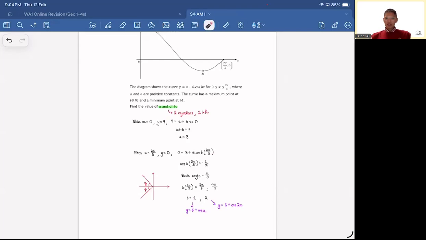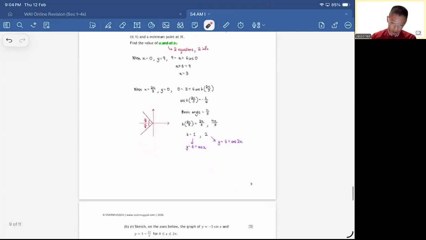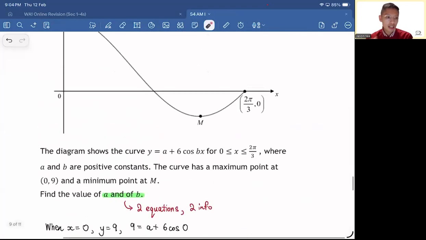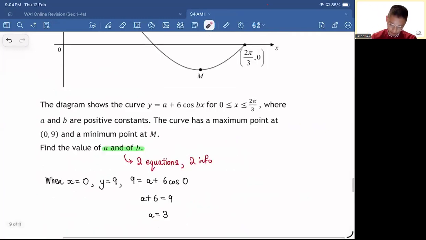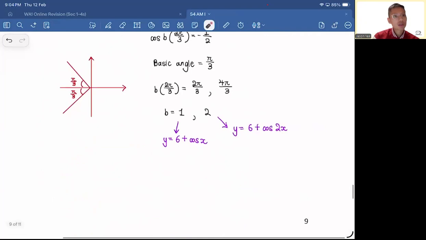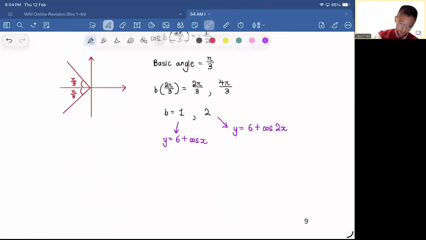Okay, I think this one, the chat is a bit silent. Okay, not to worry. Let me help you out. So, what we can do, if you are not sure, you look at this question and be like, wow, I cannot. Go back to our fundamentals. Cosine x, what is the minimum value? Minimum value will be where x is pi, right?